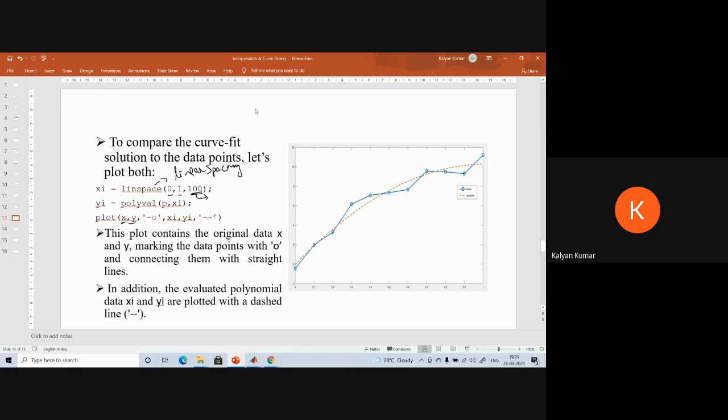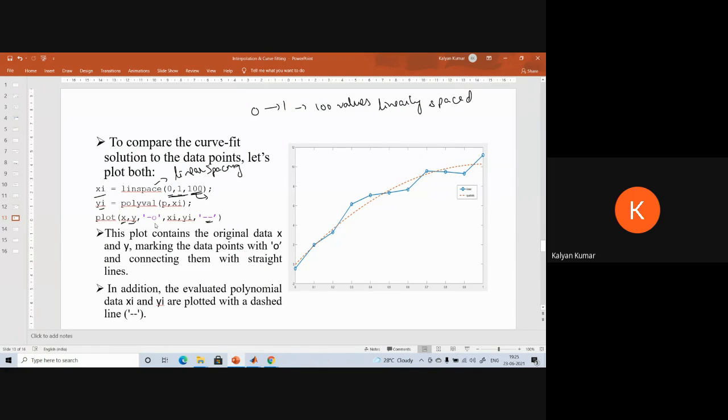So between 0 to 1, 100 values will be linearly spaced using this function. Now for these 100 values, I am going to compute the y values by using the function polyval of p comma xi.